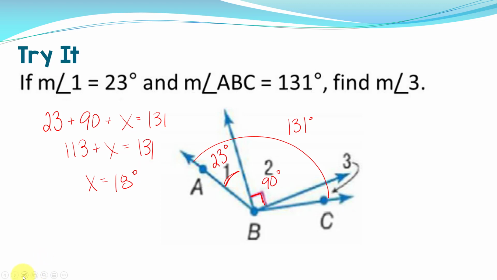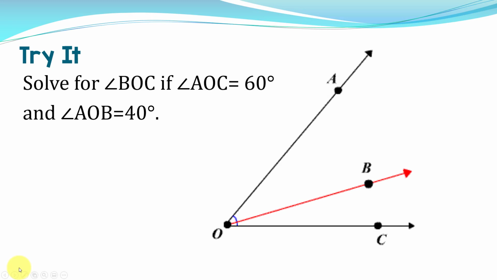All right. Here's another one. Solve for angle BOC. So let's find that. We started at B, we went to O, and then we ended at C. So that's indicating this angle right here. Solve for BOC. If AOC, so that's starting here, going to O and then to C, so that's this angle, is 60 degrees.